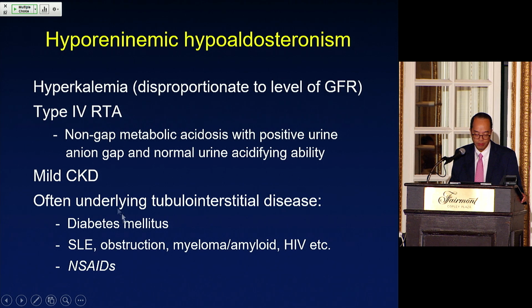And it occurs in patients with diabetic nephropathy and patients with other forms of CKD that have a propensity to cause tubulointerstitial disease, including lupus, obstruction, myeloma or amyloid, HIV, and so on. And it can be mimicked by drugs like NSAIDs, which also suppress renin secretion.